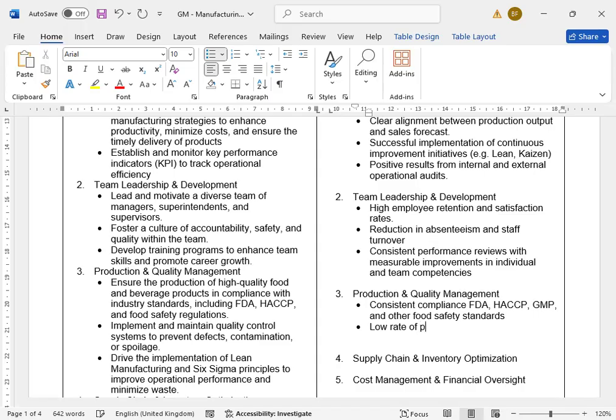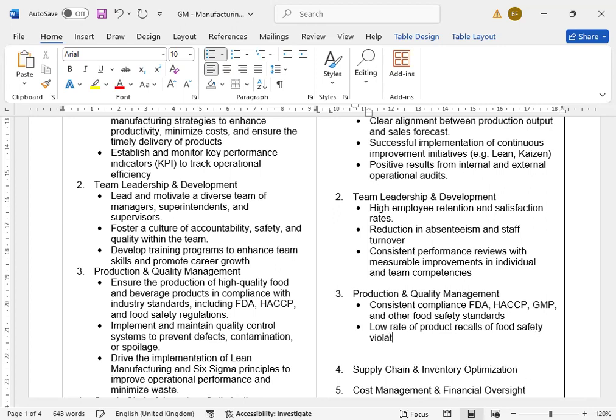Okay, so we have to avoid product recalls, or food safety violations.